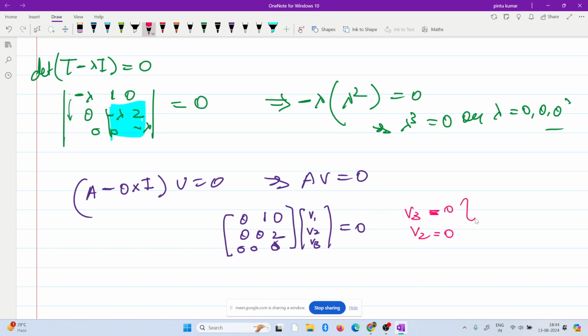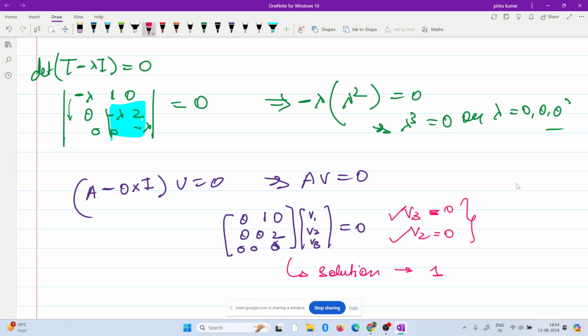Okay. So if you are looking at a solution space, the dimension of the solution space is the number of independent choices that you have. Now your v2 and v3 are fixed. You can only vary your v1. So the number of independent choices is 1. So you will have only one linearly independent vector in this eigenspace.